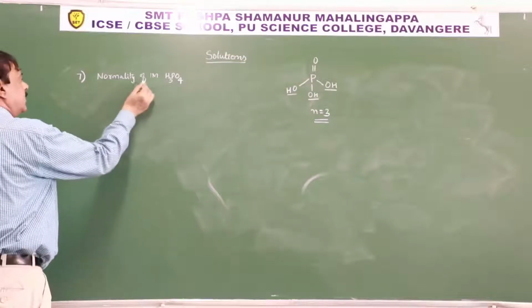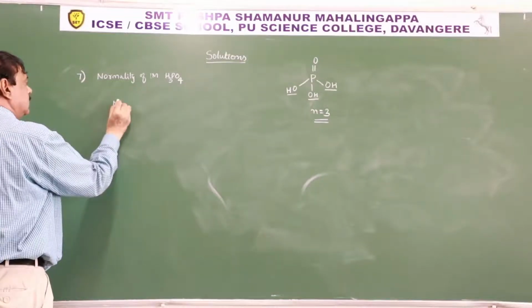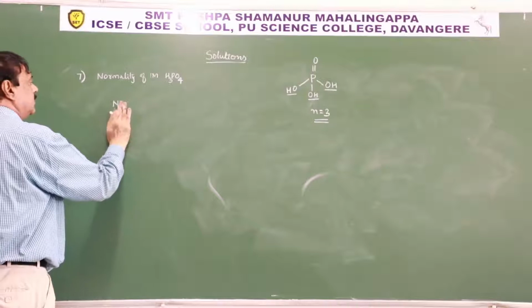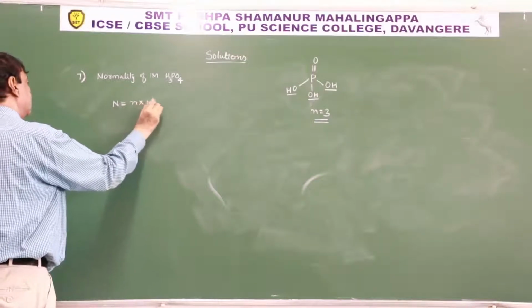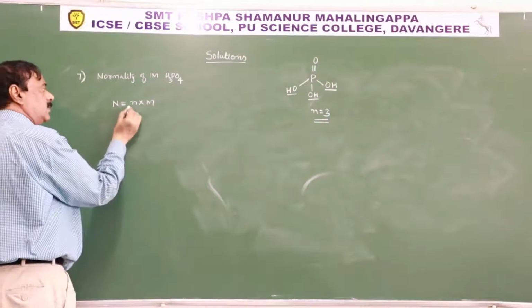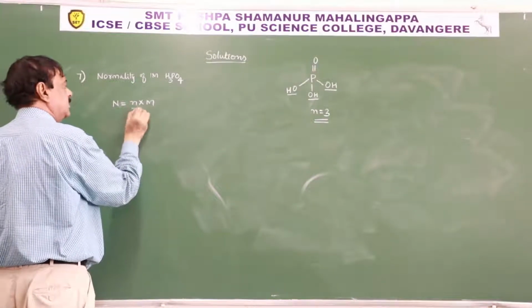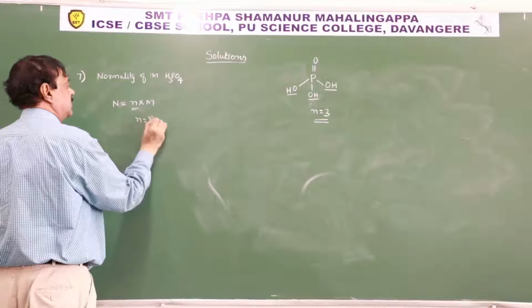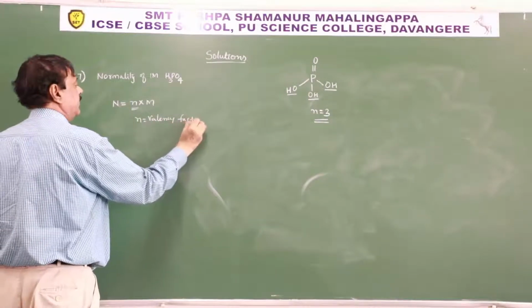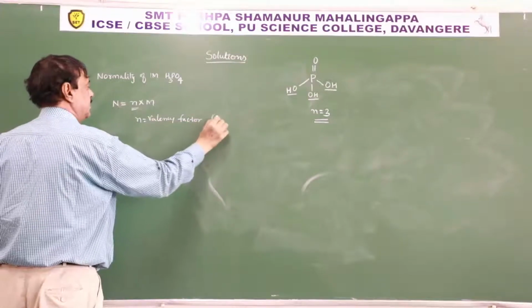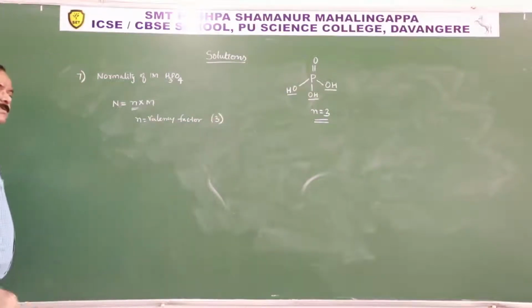Here, normality and molarity: normality is given by n into M, where N is normality, M is molarity, and n is the valency factor. In this example, the valency factor is equal to 3.